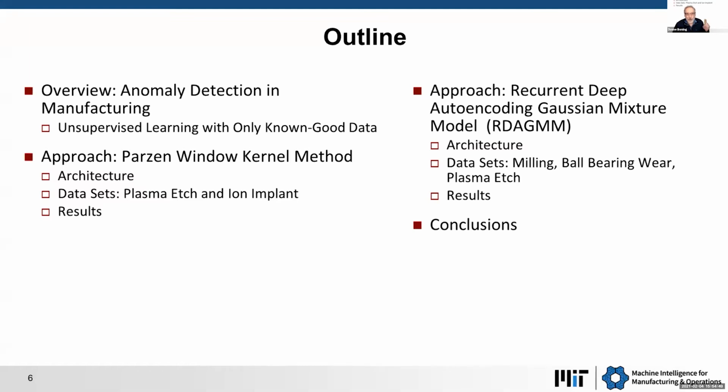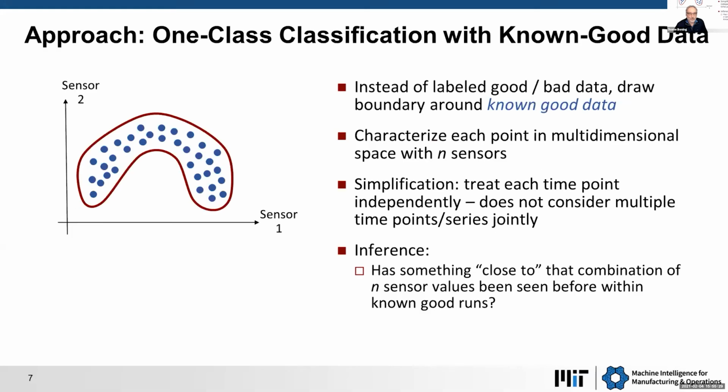That will build to a more complicated recurrent deep auto-encoding Gaussian mixture model that adds complexity, but also extends some of the capability. And where I hope you find that one interesting is that it's going to actually build on many of the ingredients that you all have learned about in the last 2 days. An autoencoder architecture together with a recurrent unit, but also density estimation and a little bit of clustering. So hopefully these examples will be interesting.